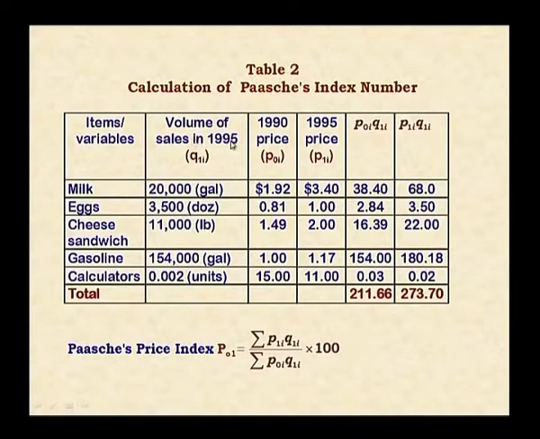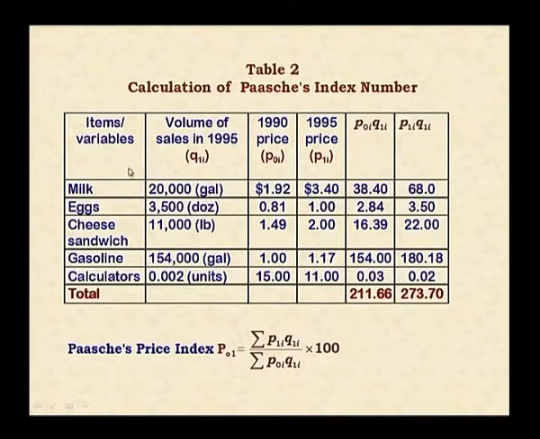The second column gives the volume of sales in the year 1995, where the year 1995 is the current year and the base year is 1990, and here the prices of the items in the base year and in the current year are given in these two columns. Then the next column is of the product of P0i times Q1i, and the last column is of the product of P1i and Q1i's.